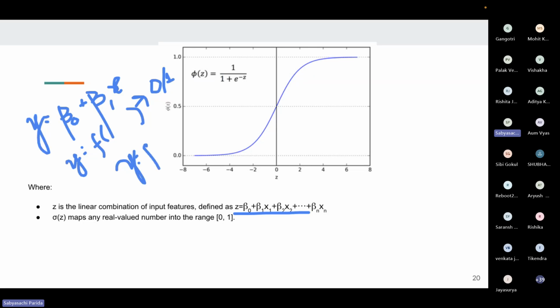It's not a function of x, where z is a function of x, but y is a function of z, where f of z is 1 by 1 plus e to the power minus z. This maps any real valued number into the range of 0 to 1, so the threshold is between 0 and 1, and this is 0.5.